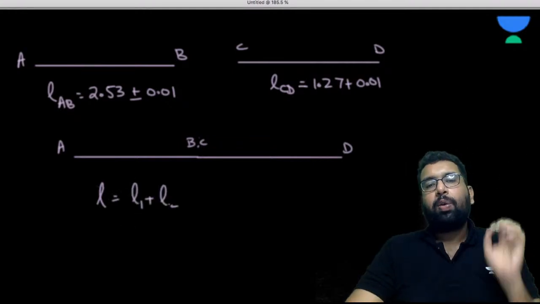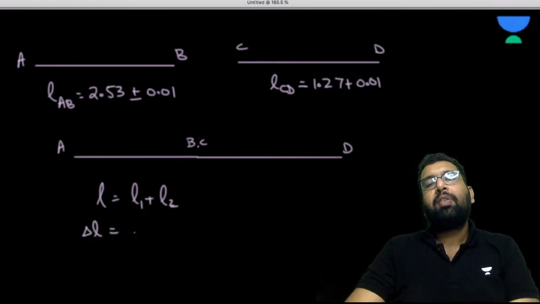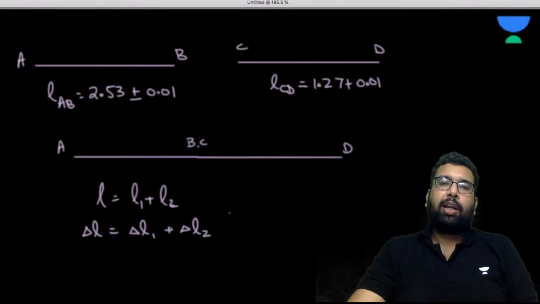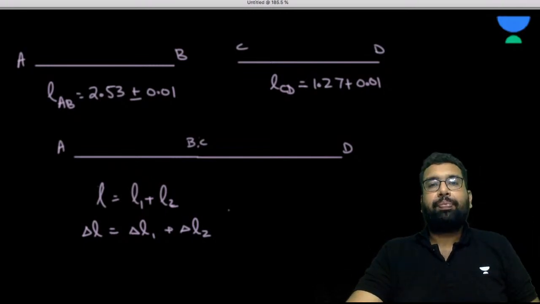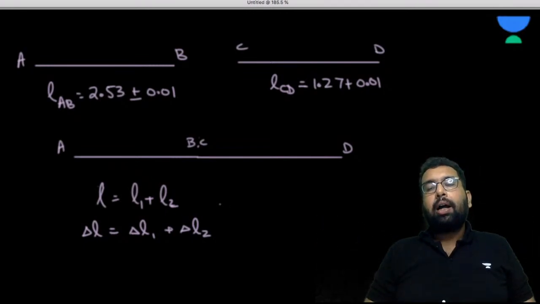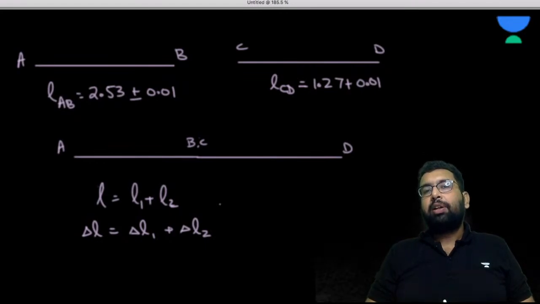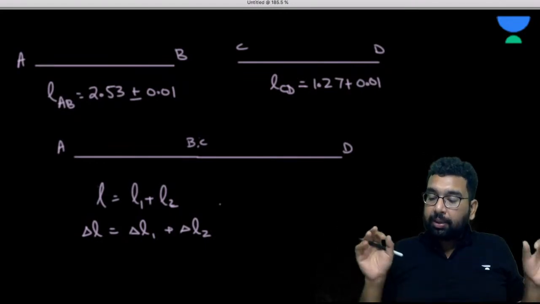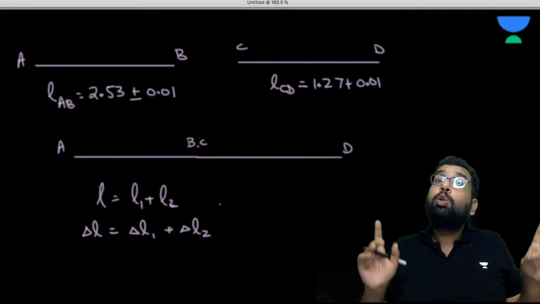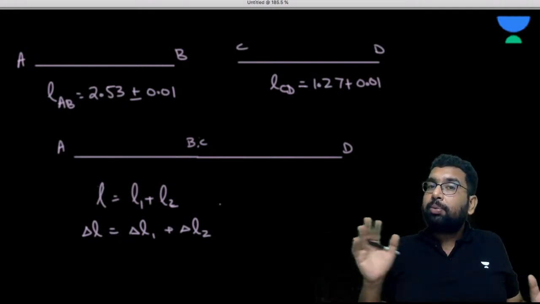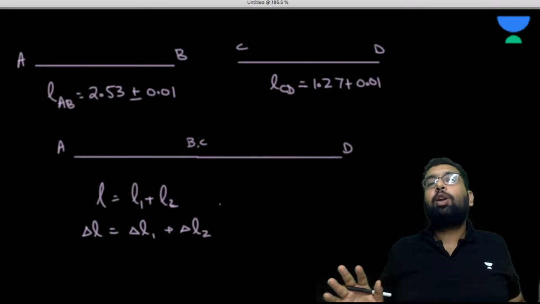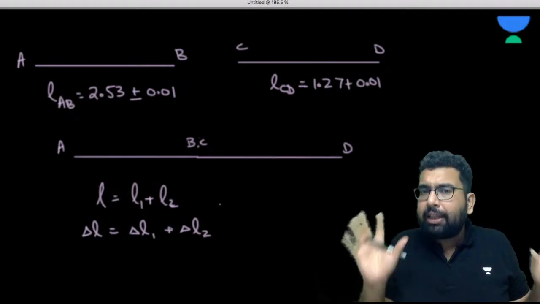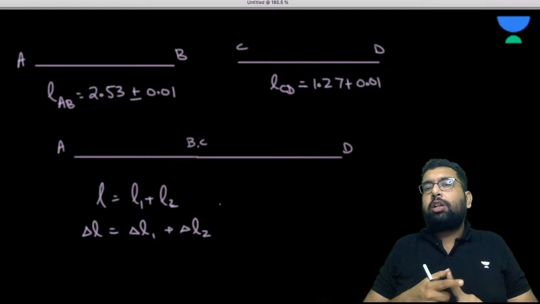Now delta L is also going to be delta L1 plus delta L2, because in addition and subtraction both. If it had said that the lengths are placed one over the other, and asked what is the remaining length left, then you would be subtracting the lengths, but the errors are still added. It is not that when you subtract the quantities, their errors are also subtracted. Errors are always added, remember, in both addition and subtraction.